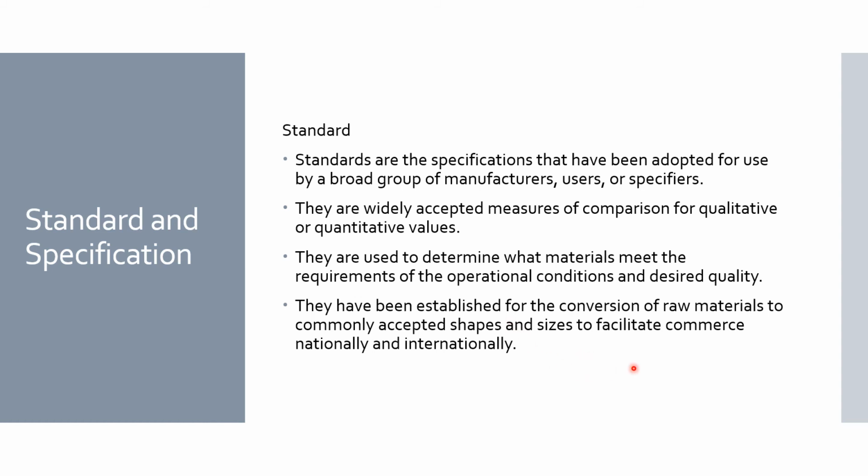So we have our ISO standards, we have conversion standards, material conditions, and environmental conditions standards, and you have to follow all these standards in manufacturing. Why? Because it's so important to facilitate commerce, domestically, nationally, and also internationally.